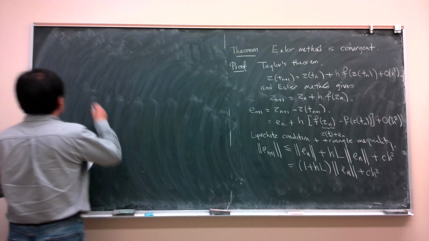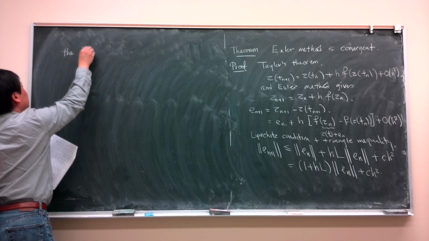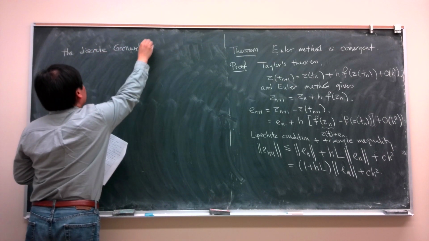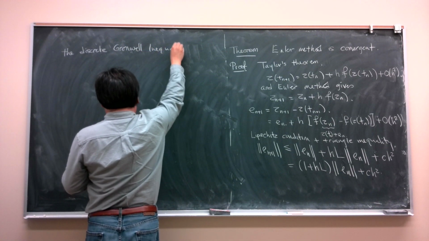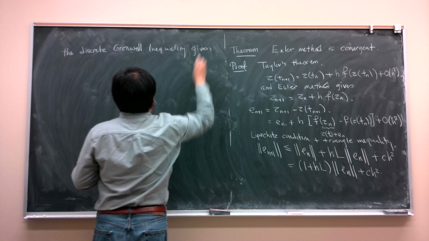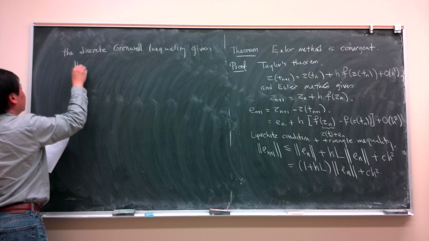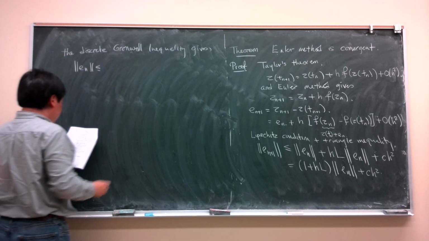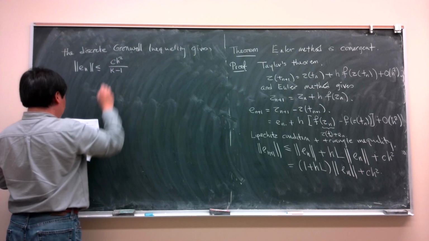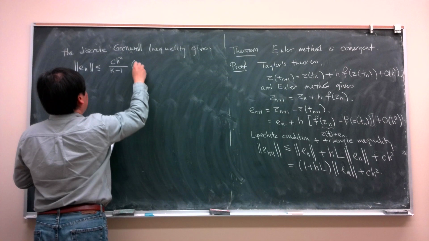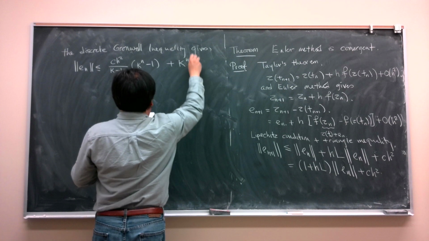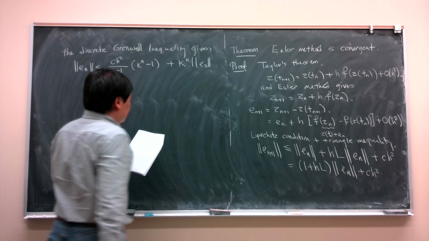All right, so the discrete Gronwall inequality gives the following: that the error at the nth stage is less than or equal to C h squared over (kappa minus 1), times (kappa to the nth power minus 1), plus kappa to the n times the error at the 0th step.